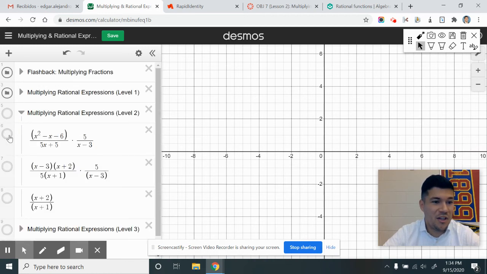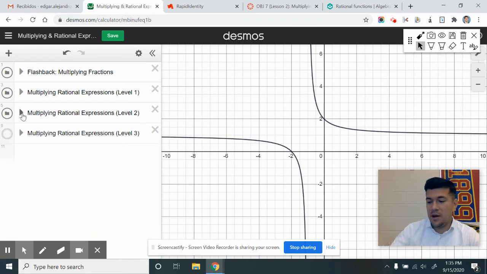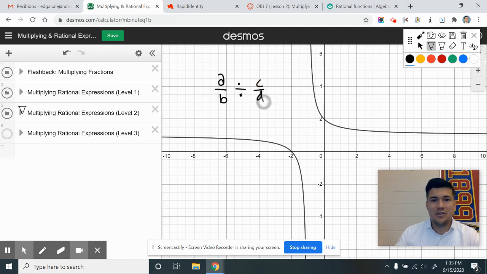There is the issue of, well, what about dividing rational expressions? All I'm going to say about that, because I'm not going to do a separate lesson on it, is that the only difference between A over B divided by C over D is one step.